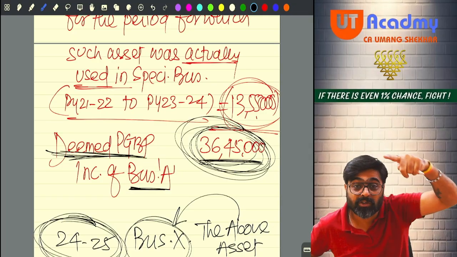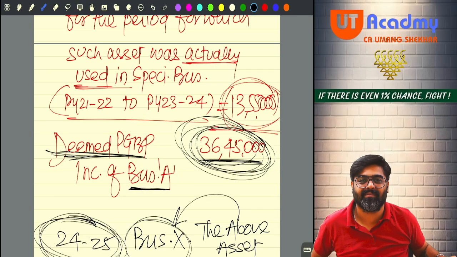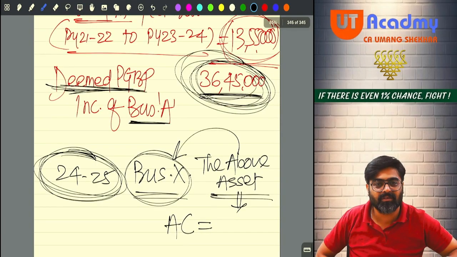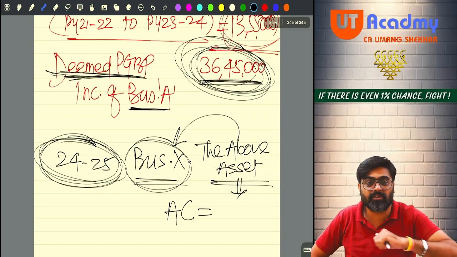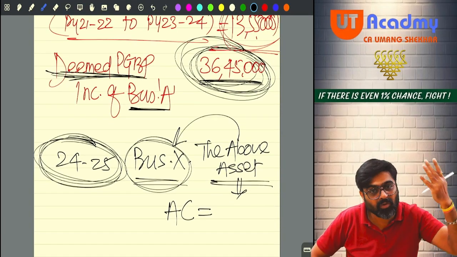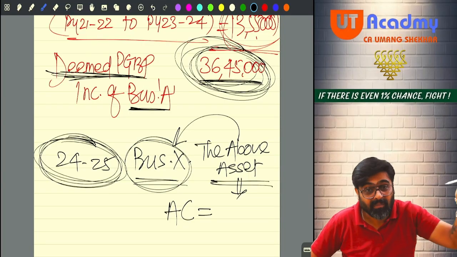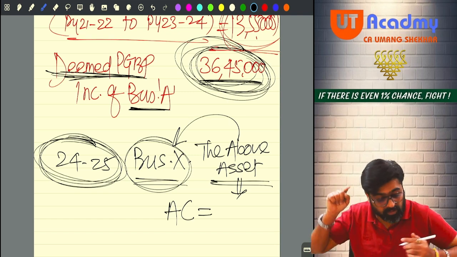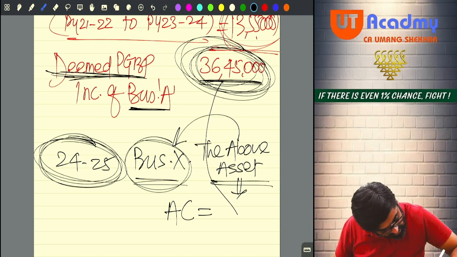So this is still the cost of that building. Now if that building is going to be used in new business, what should be the cost of this building? Entire amount was allowed. But out of that, some amount is already considered as your deemed PGBP. Now the amount which was considered as your deemed PGBP, that same amount you take as actual cost.